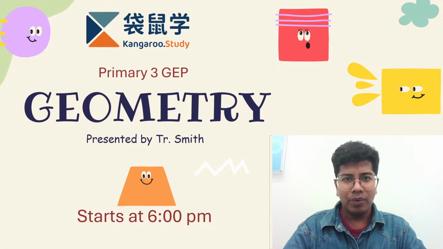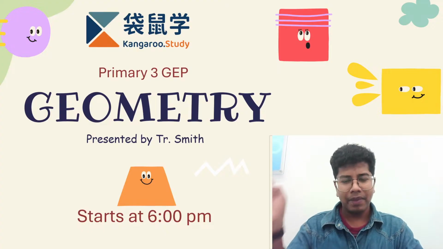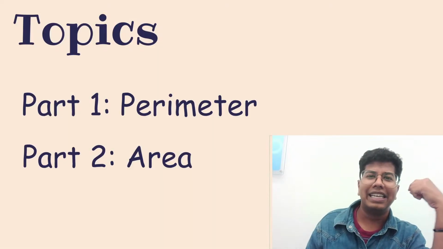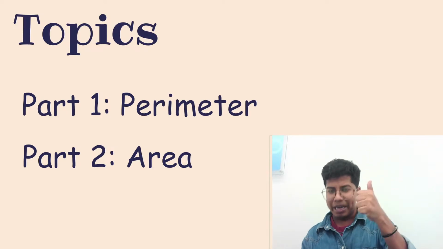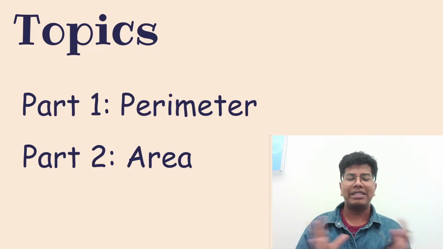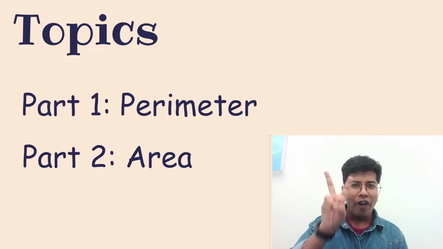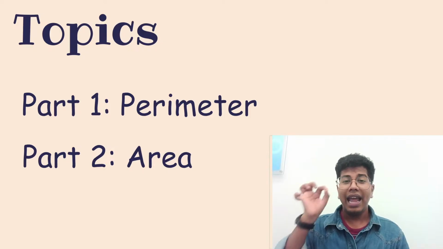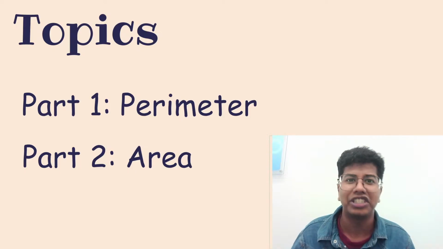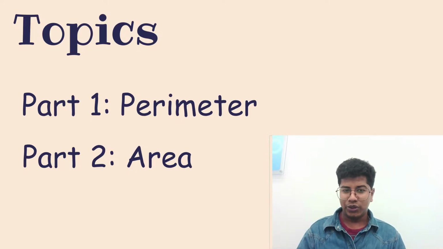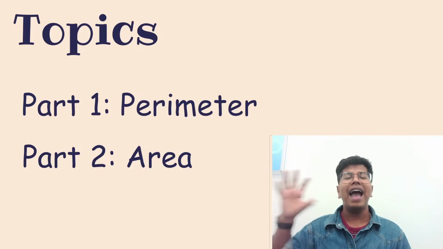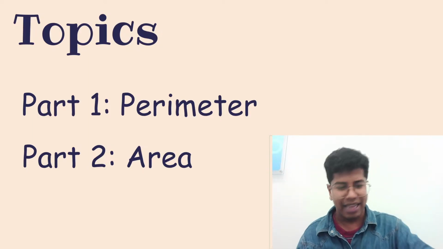Two of the important topics that we'll be discussing today are perimeter and area. These topics and the shapes we'll be discussing are very important for the foundation as well. So, let's see what the word perimeter means and what the word area means.